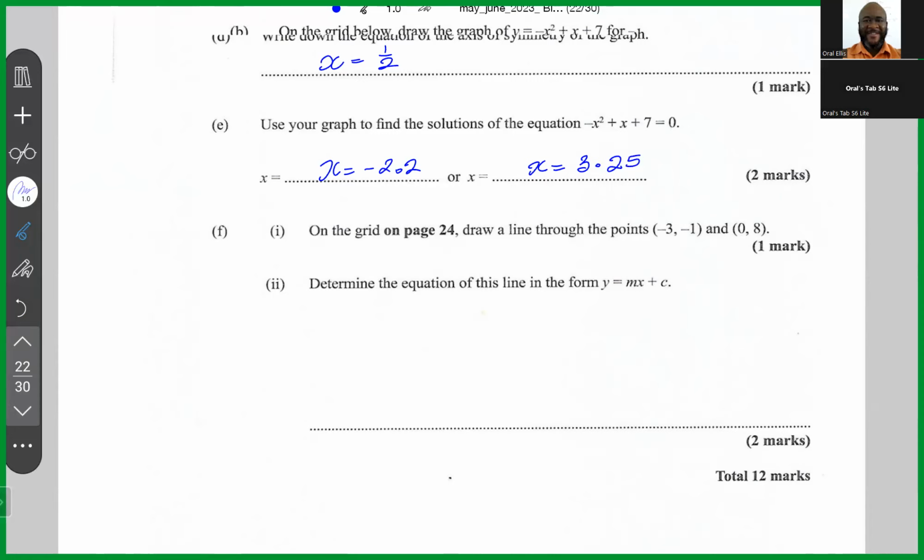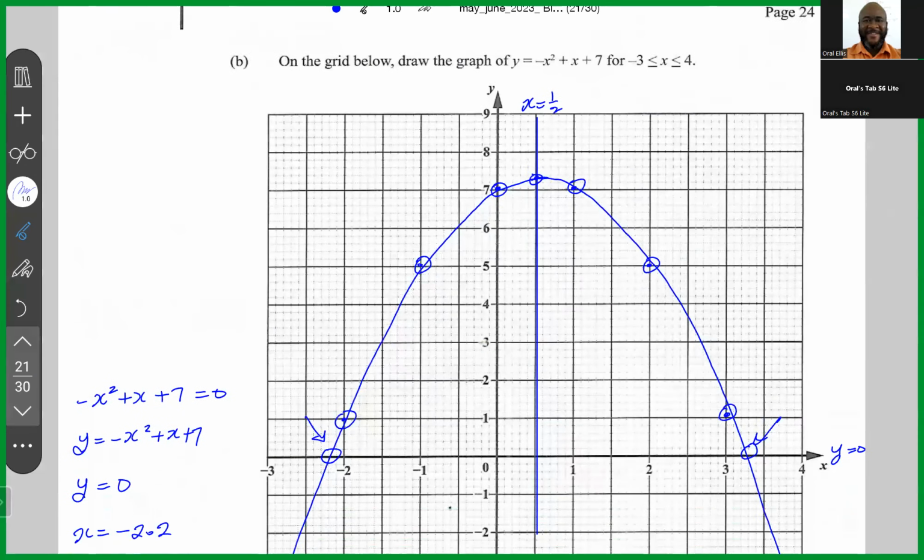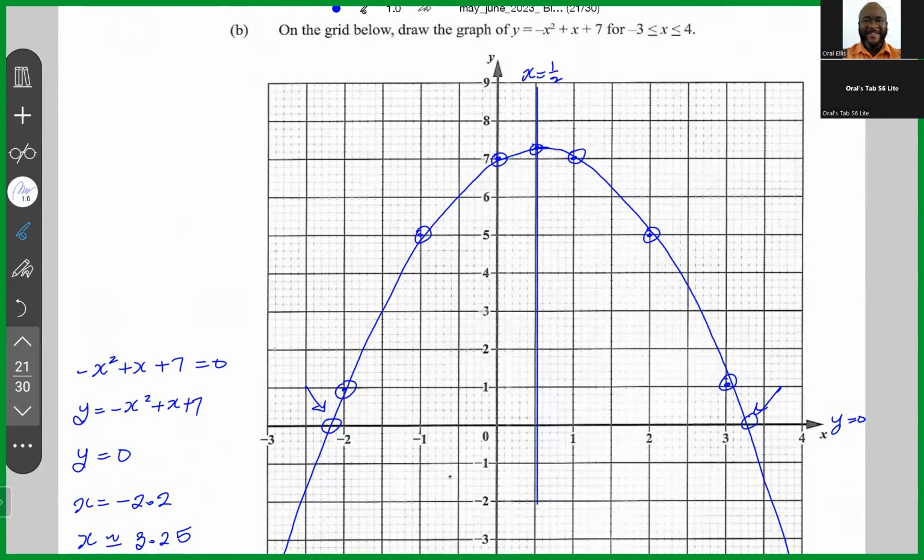It says on the grid on page 24, we're to draw a line through the points -3, -1, and 0, 8. So -3, 1, which is here, and 0, 8, which is here.